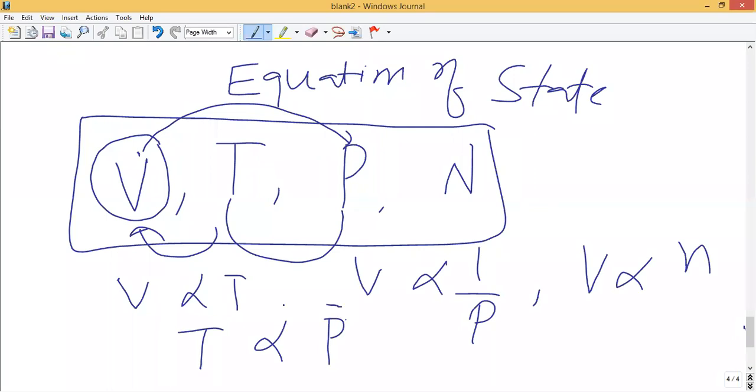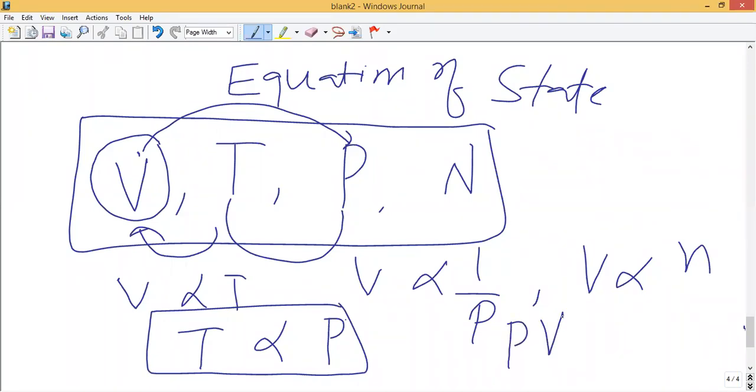So all these laws you can combine and find the equation of state. By combining that you can write an equation, PV directly proportional to temperature.